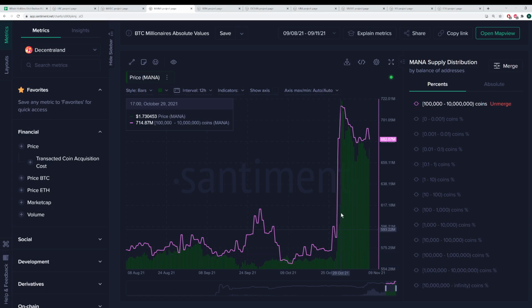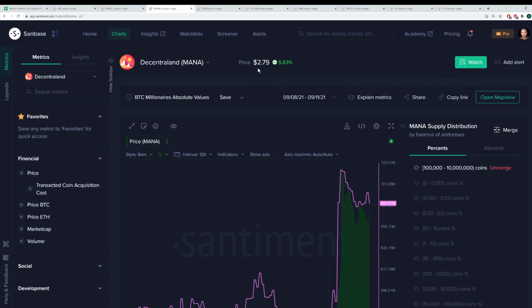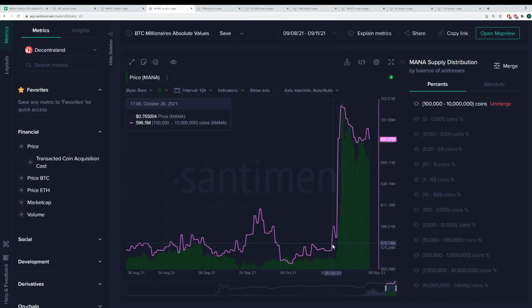And you can see the accumulation of these 100,000 to 10 million coin holders, which give or take is about 22.8 million dollars held by this tier. They really made their accumulation from the 26th, give or take, up to the 29th, and the price didn't even really peak until the next day.